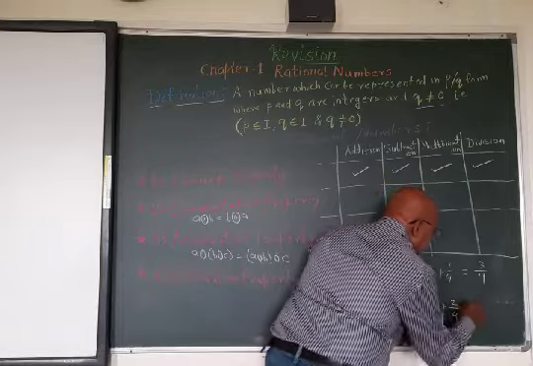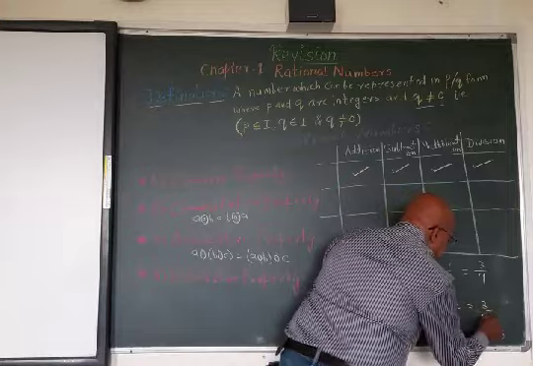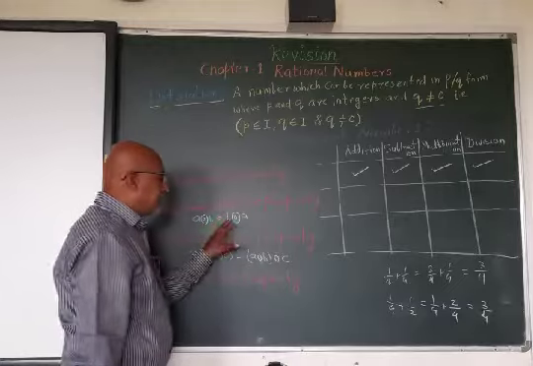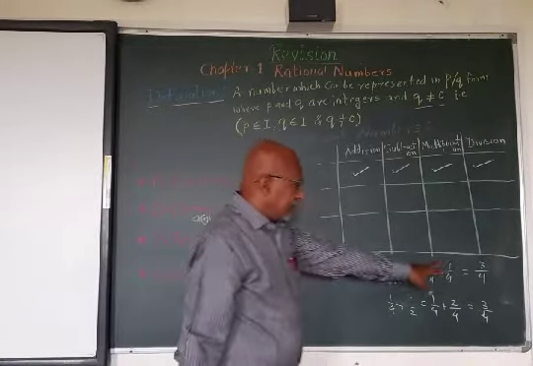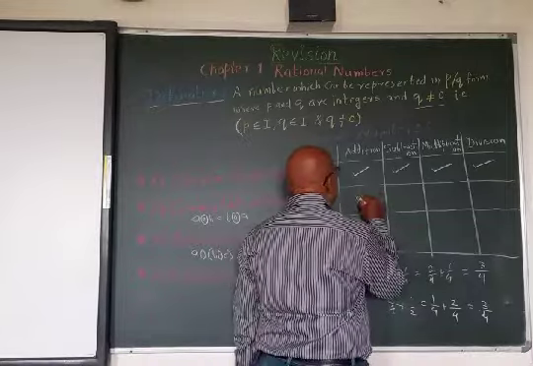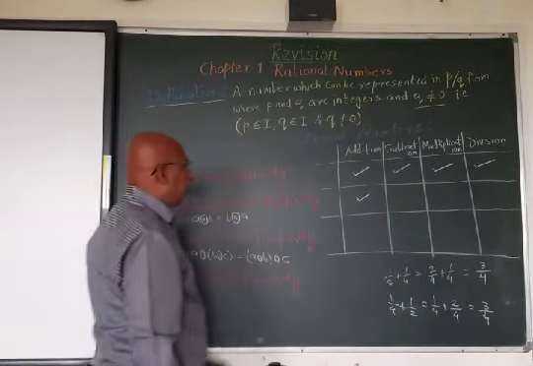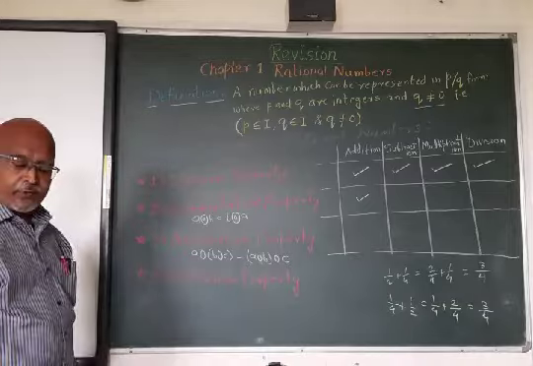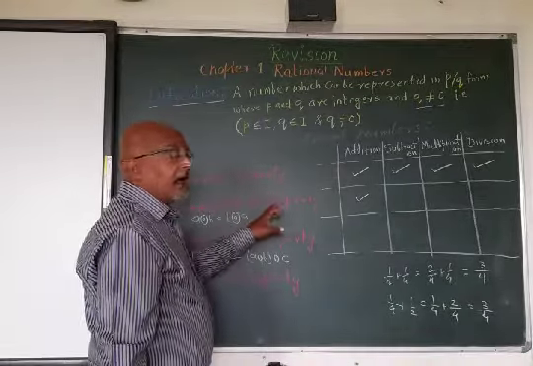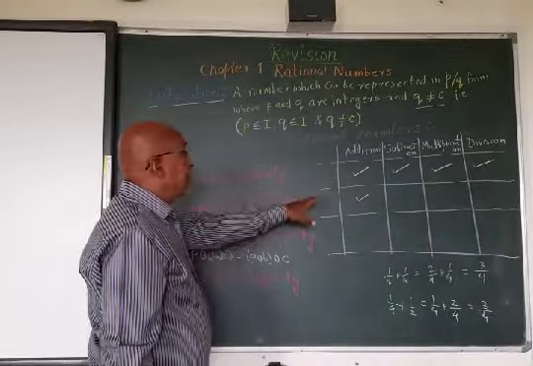So again 1 plus 2 is 3 by 4. It means that when we change the sequence in addition, the result comes out to be the same. So we can say addition is commutative. Addition of rational numbers is commutative.